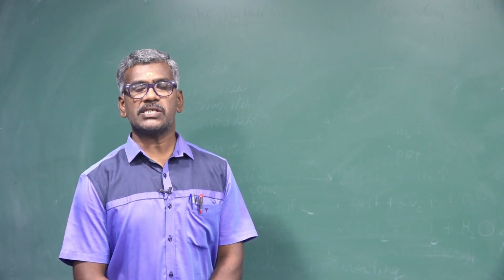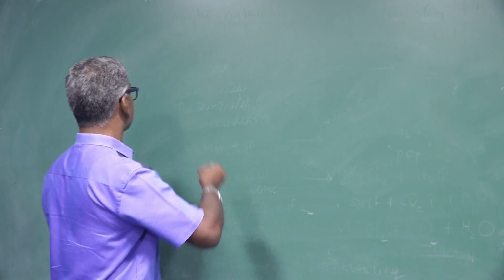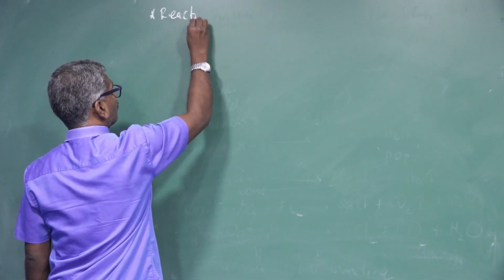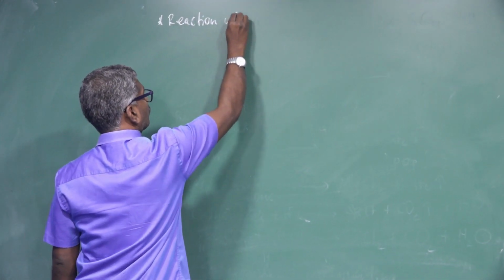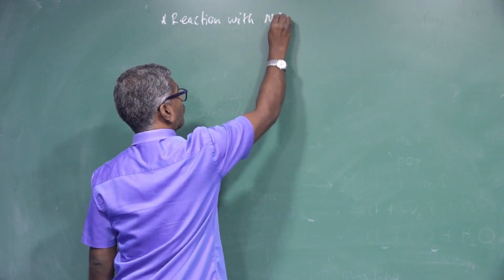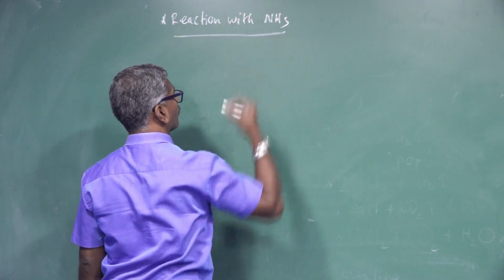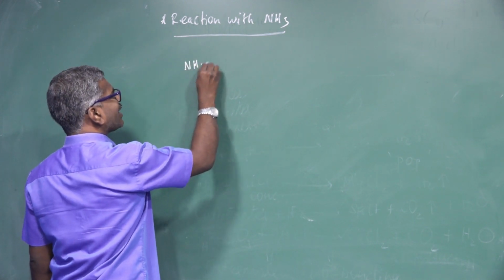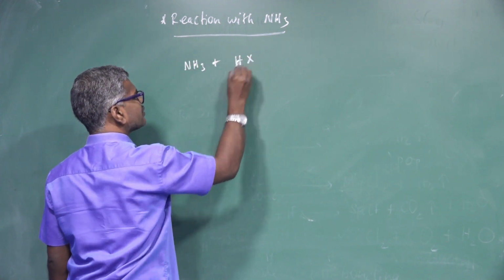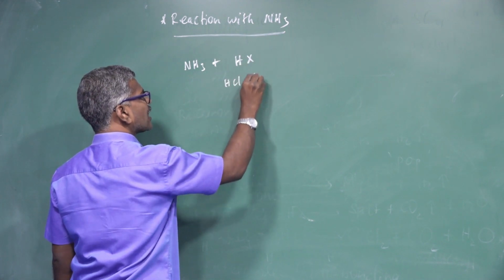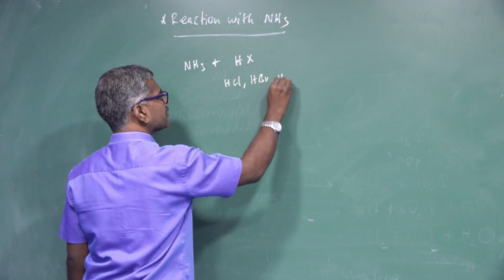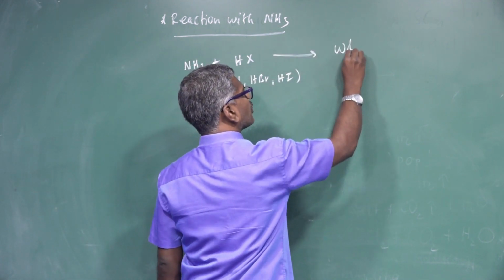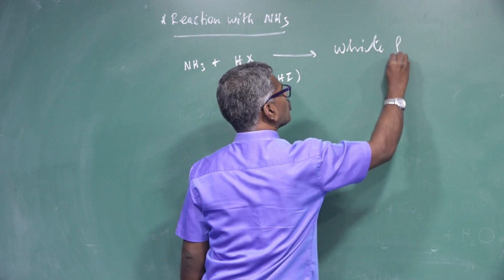Another chemical property, reaction with ammonia. Ammonia reacts with HX, HCl, HBr or HI, forming white fumes.